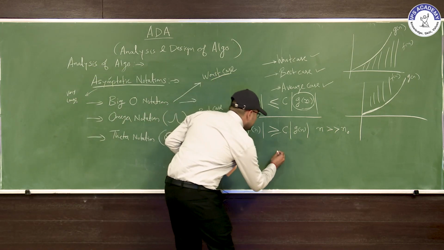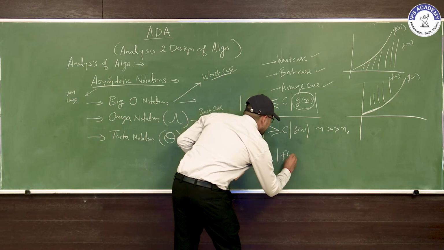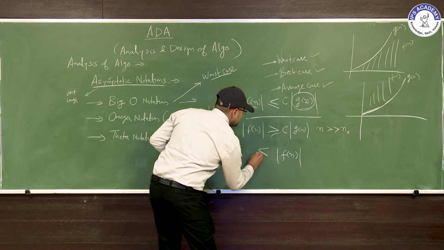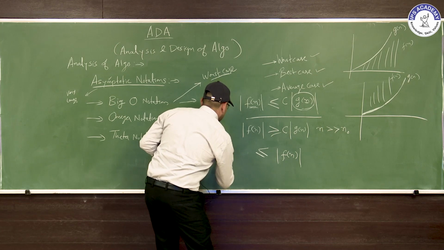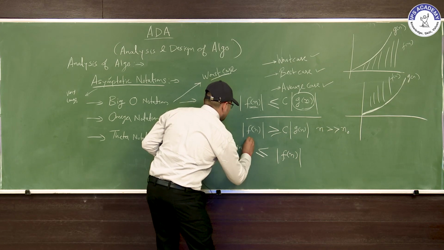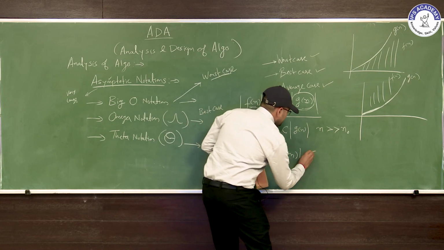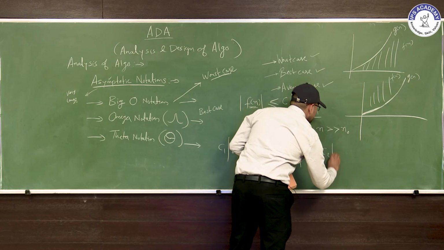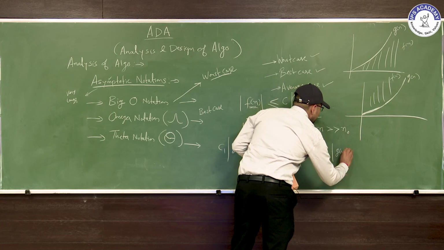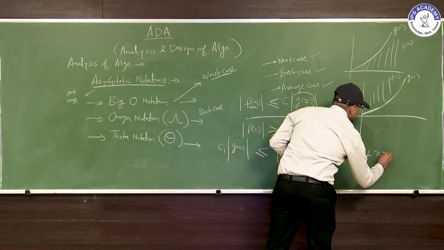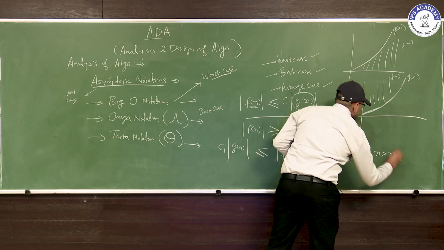So as far as theta notation is concerned, the magnitude of f of n would be greater than some constant c1 times g of n, and would be smaller than some constant c2 times the magnitude of g of n for all n very large, greater than some n0.